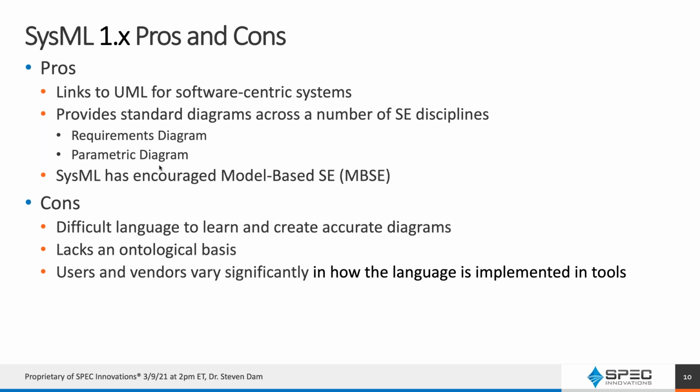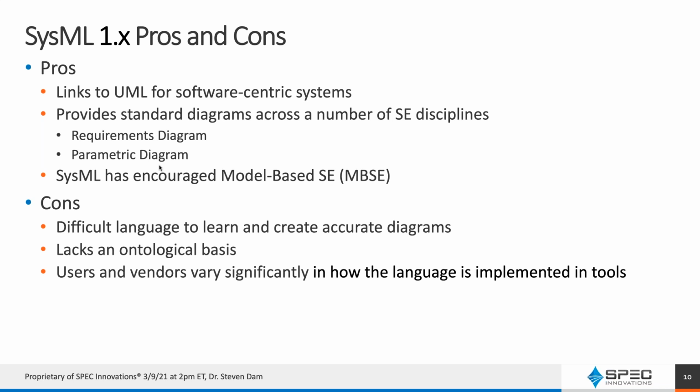And it lacks the ontological basis. That's fundamental. The way we communicate is often verbally or written, so it was missing that. And of course, that's a problem with SysML 1.x, which is why they're trying to deal with that in SysML 2.0.